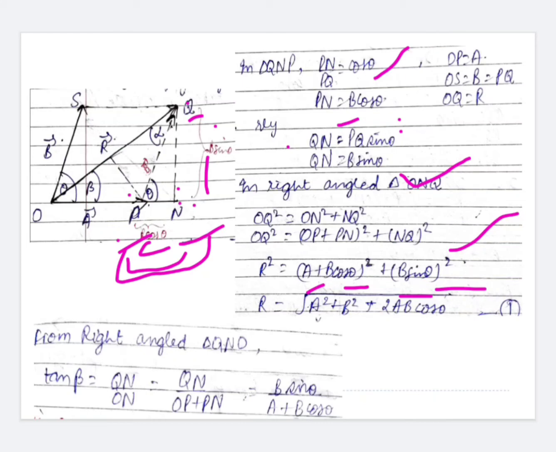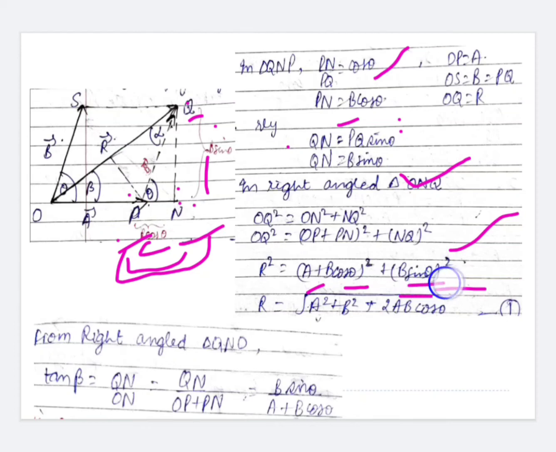We will get A square plus B square cos square theta plus 2AB cos theta. Why? Because we already know how to open this bracket, the identity for (a plus b) whole square. Using that identity we will open this, and we will get A square plus B square cos square theta plus 2AB cos theta.